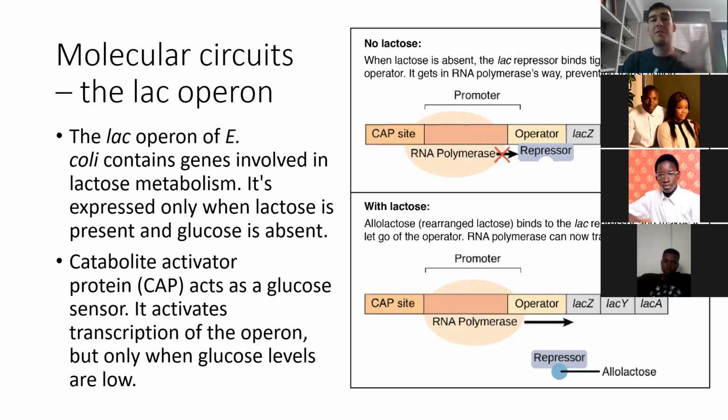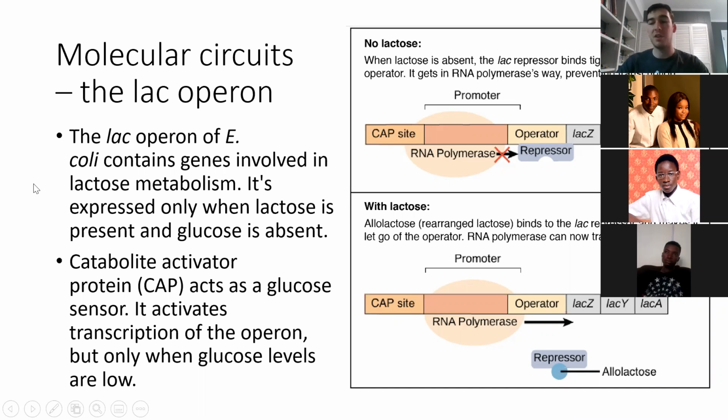I don't expect you to fully understand all the nuances of it from this one diagram and one slide, but I'd encourage you to read up more on it on your own later. There's been a lot written about it. Essentially, the lac operon in E. coli has several genes that are involved in lactose metabolism. Lactose is another type of simple sugar that's found in milk. So lactose, milk.